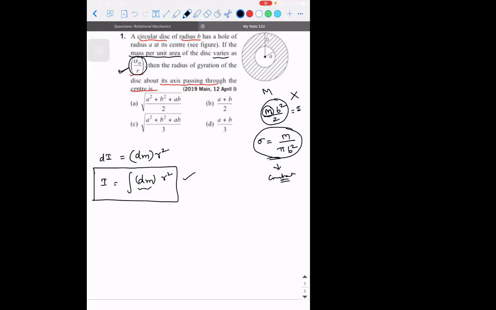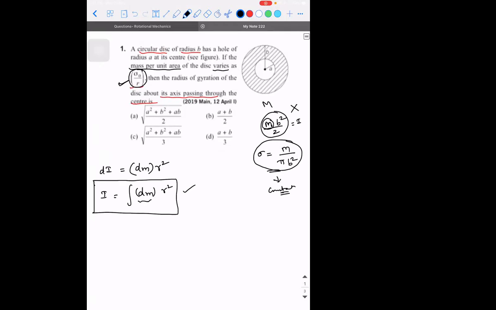So what we are supposed to do in this problem is, we need to consider a small mass, or a small area. The area will be taken in such a way that I've considered a small disk itself, at a distance x, whose thickness is dx.